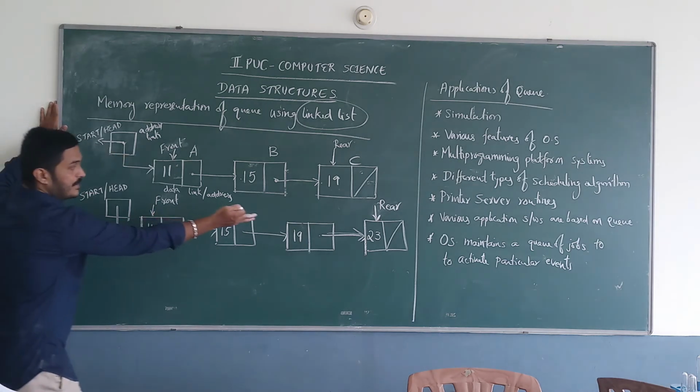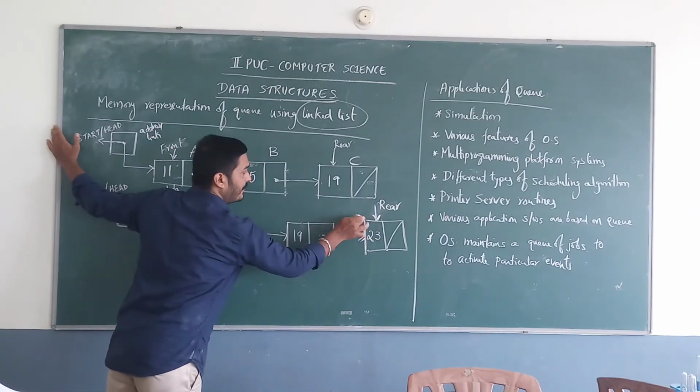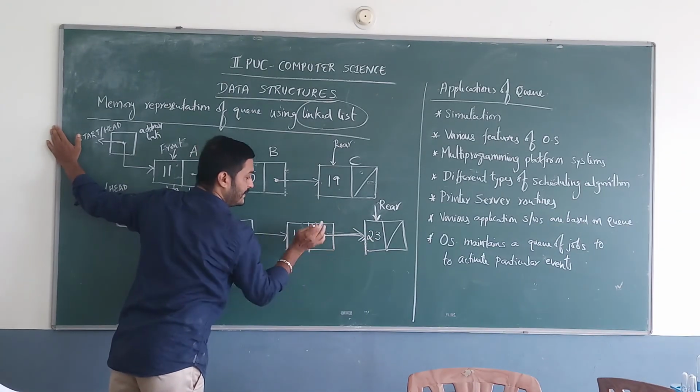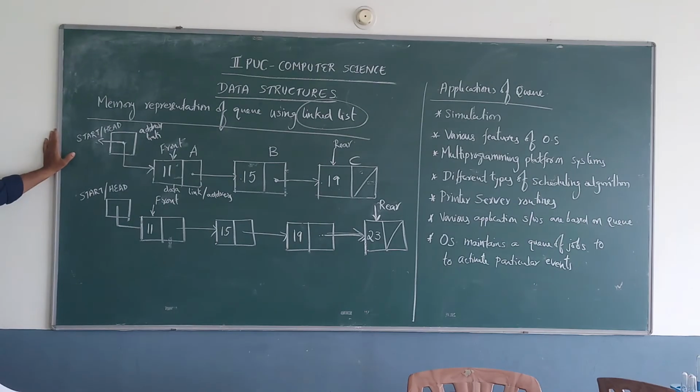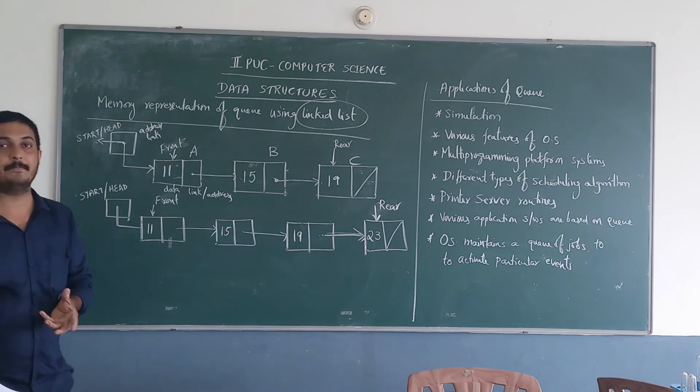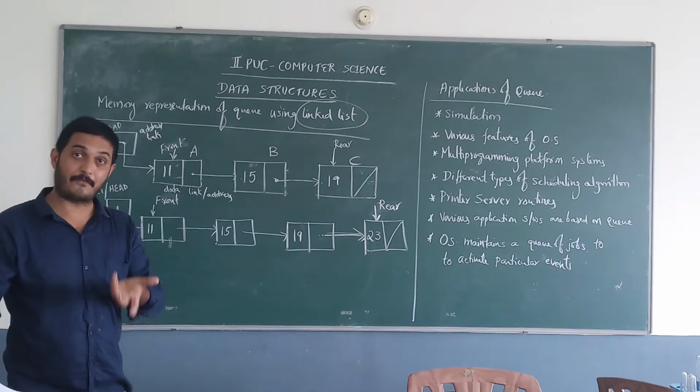Here we insert a new item, rear will be incremented, and its address points to the new node, like this. These are about queue insertion using a linked list. The second point is how to delete. So far we know that deletion starts from the front location.